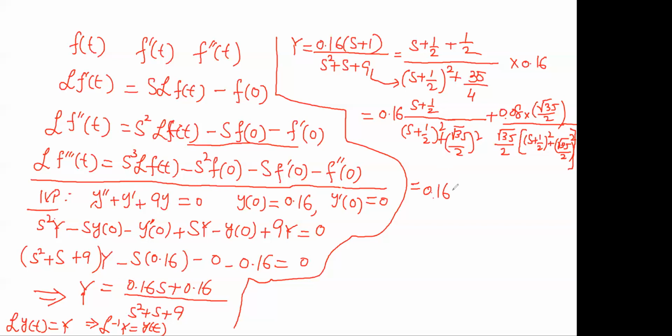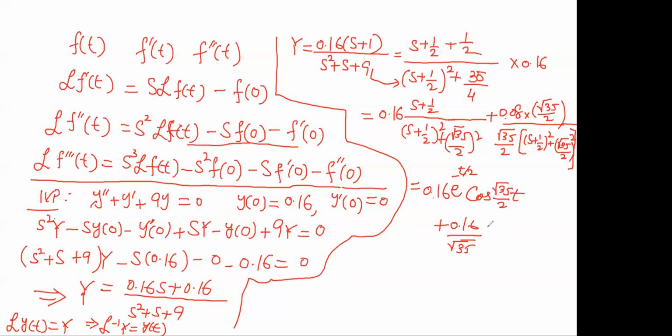So it will be represented as e power minus t by 2, by the shifting theorem, and it will be cosine of omega t, where omega is under root 35 by 2 t. And how about this next term? Then 2 will go up, so it will be 0.16 divided by under root 35. And how about this term? Under root 35 by 2 is in the numerator, and then this is the one term over here.